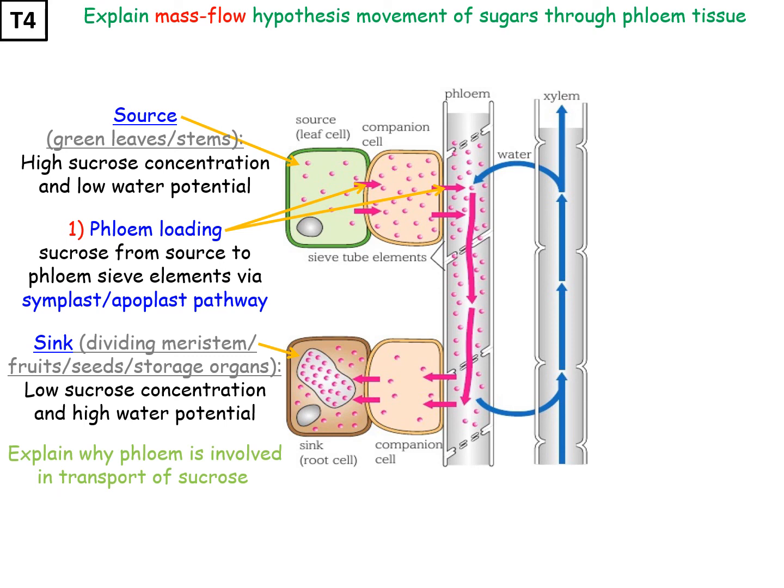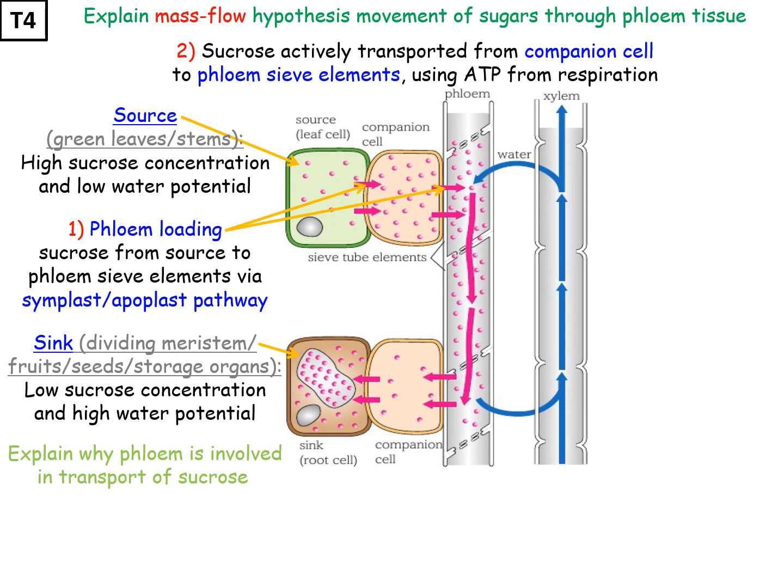The symplast is through the cell membrane, cytoplasm, and the plasmodesmata, and the apoplast is through the cell walls and the spaces between the cells. Sometimes moving the sucrose to the phloem sieve elements requires the use of ATP, which provides an accessible source of energy produced from respiration. This means you're transporting the sucrose by active transport from the companion cell to the phloem sieve tube elements.